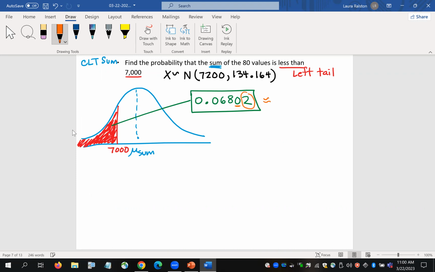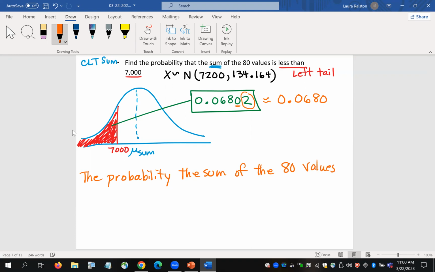So we would round this to 0.0680. So the probability the sum of the 80 values is less than 7,000 is 0.0680 or 6.8%.